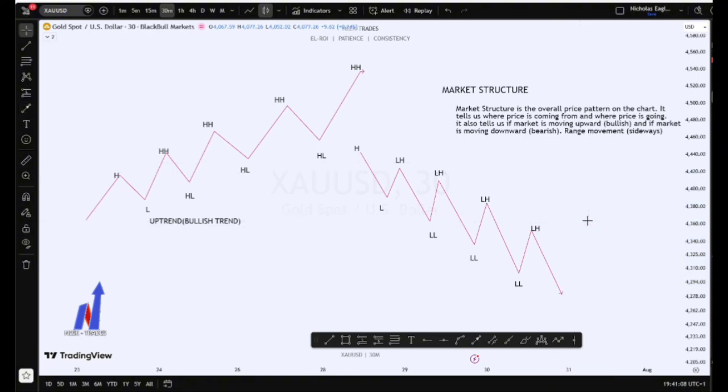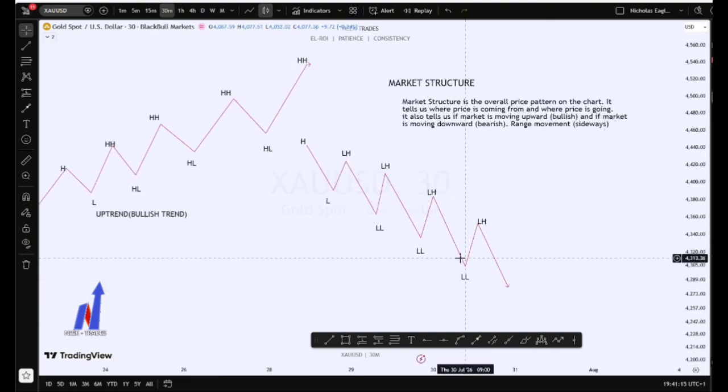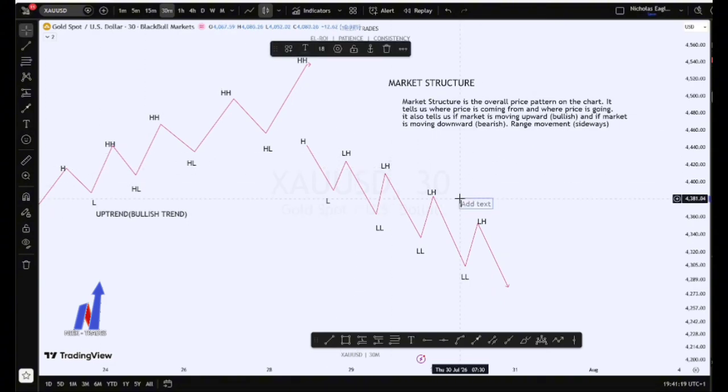So without that happening, we will say this market is bearish, a bearish trend. In other words, it is called a downward movement or downtrend.